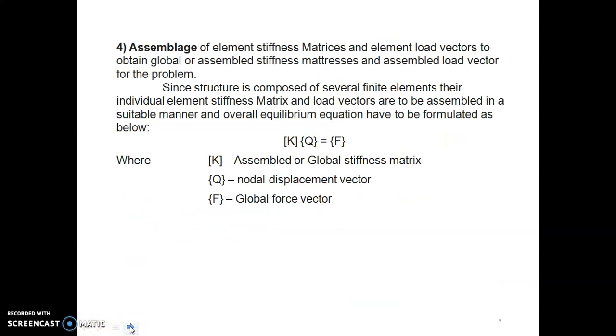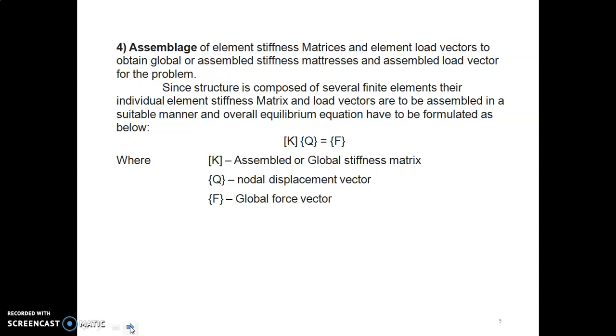Then assemblage of the element stiffness matrices. Here, the meaning of assemblage of stiffness matrices is that, for example, if you consider a two-dimensional or three-dimensional figure with two or three elements, you need to determine each elemental stiffness matrix, and then you have to assemble them.